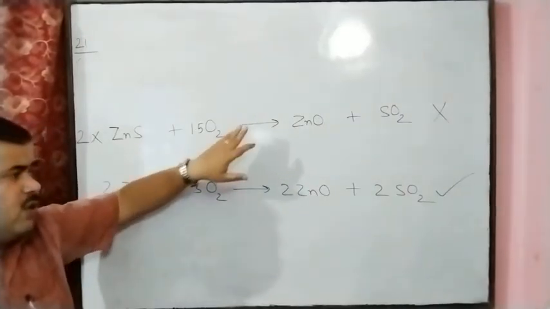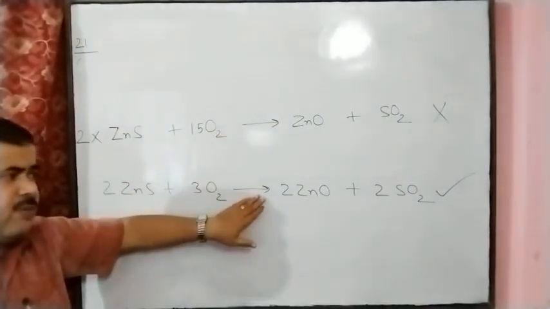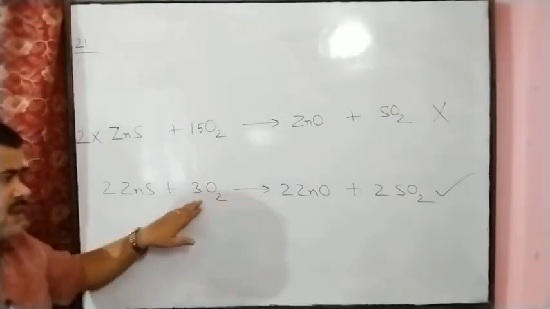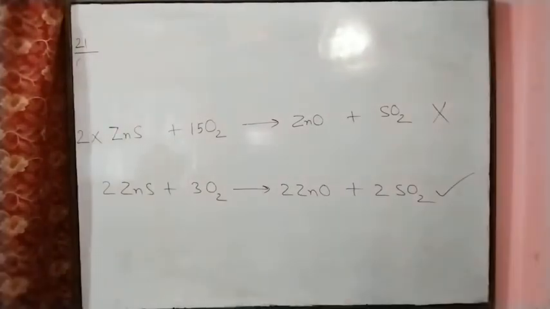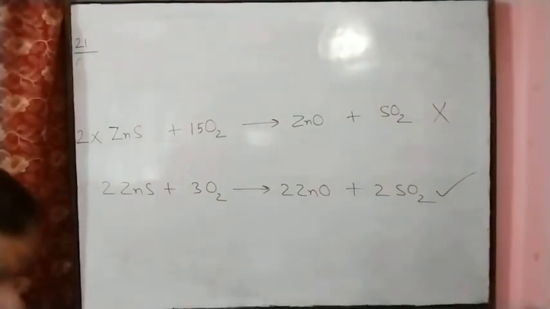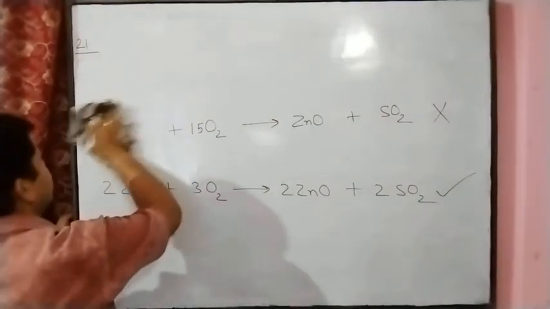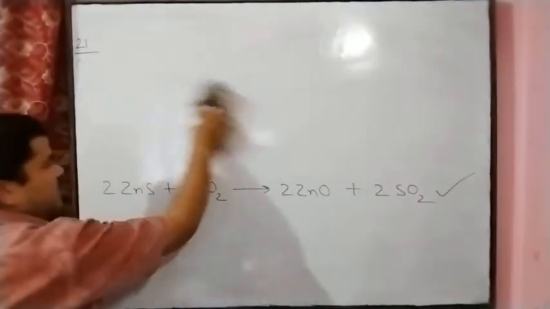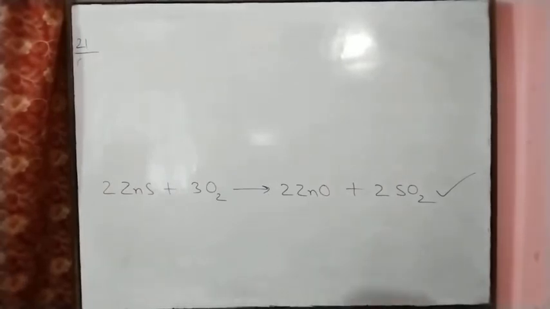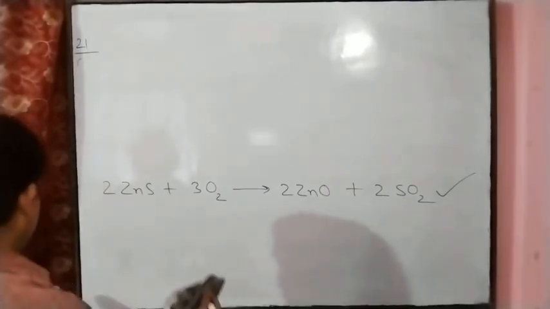Only this equation you have to write in the fair copy. This is correct because this is in whole numbers. So only this equation you have to write, and easily you can balance this type of chemical equation this way.